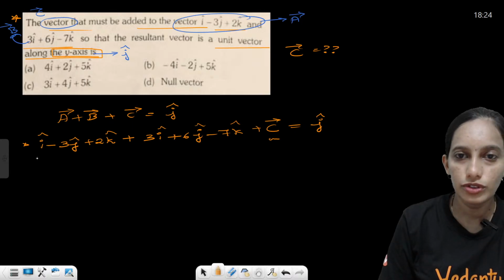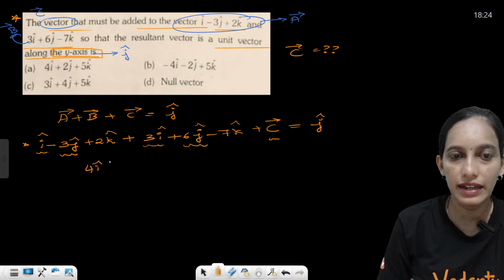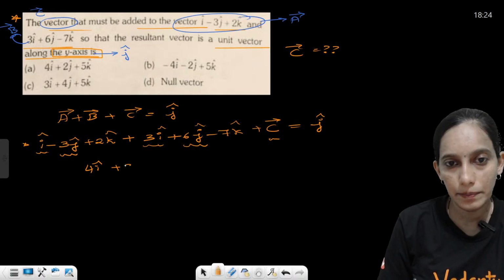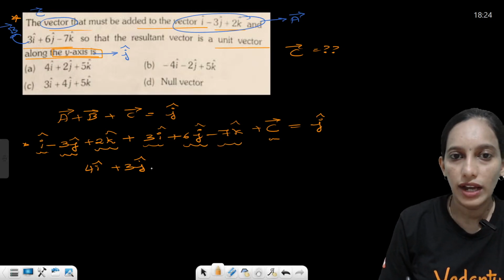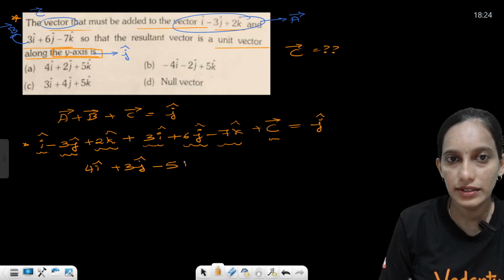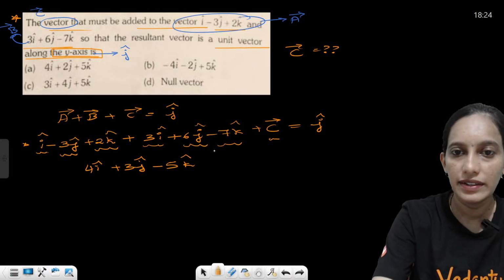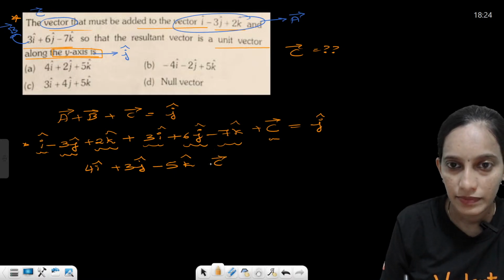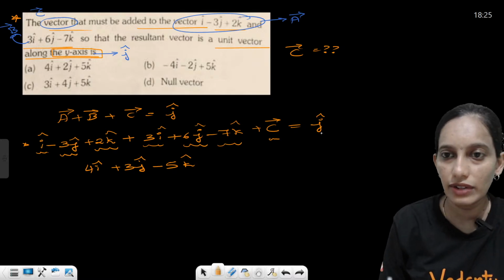Okay, so now look here. i cap plus 3i cap will give you 4i cap, then we have minus 3j cap plus 6j cap. So minus 3 plus 6 is plus 3, so plus 3j cap, then 2k cap minus 7k cap gives minus 5k cap, plus c vector equals, okay, what we will do is take this j cap, one j cap is there, no?